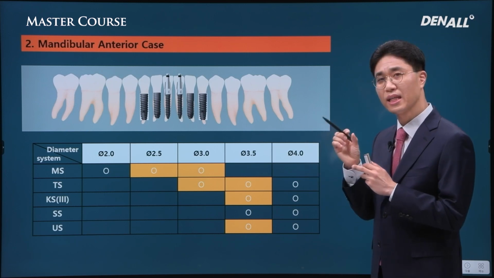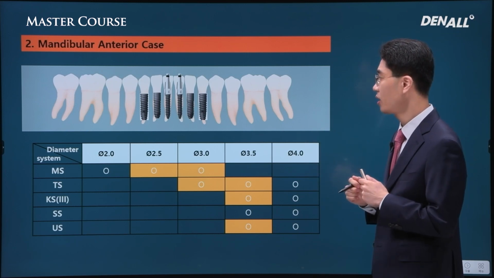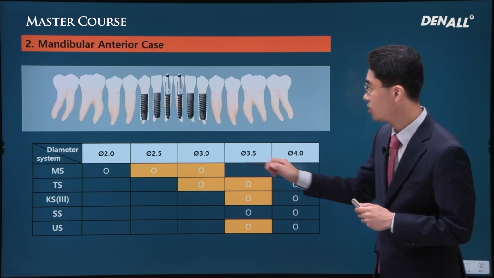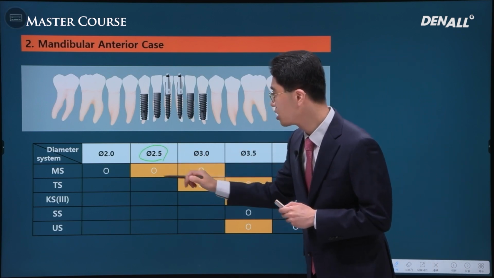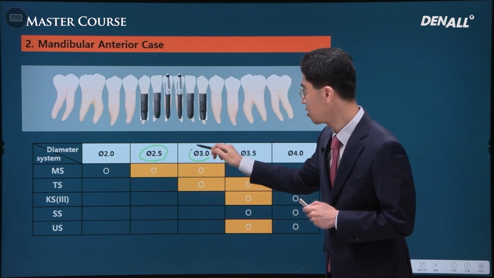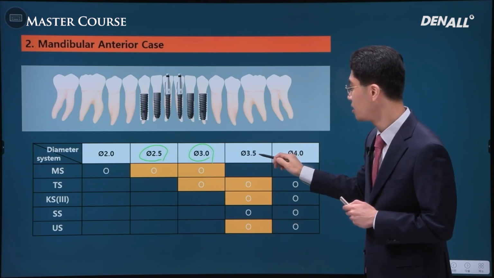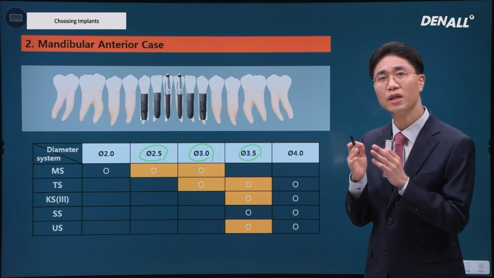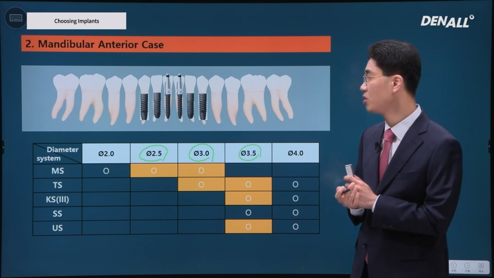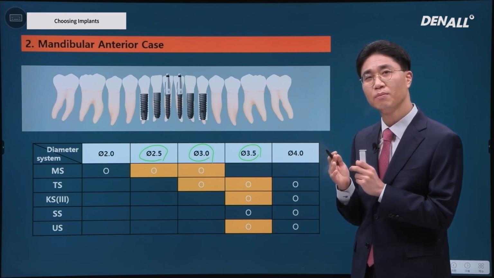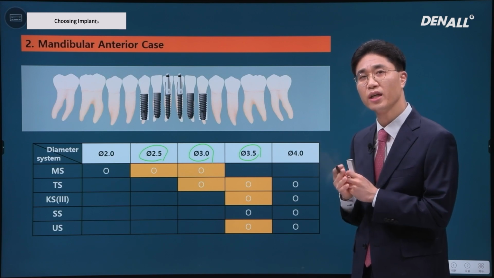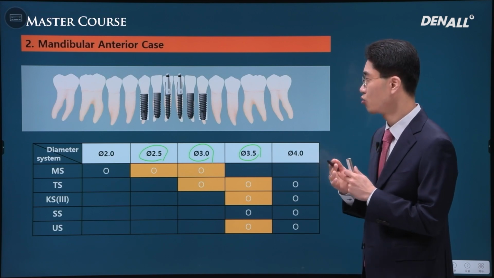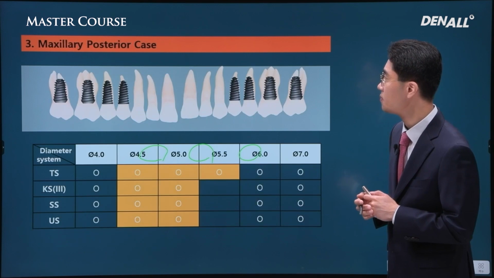In the case of lower anterior, you need to use the smallest diameter implant, so it'll be 2.5 millimeter or 3.0 millimeter. You can use up to 3.5 millimeter as well. One body type implant can be placed. One body type implant should be placed in lower anterior only.